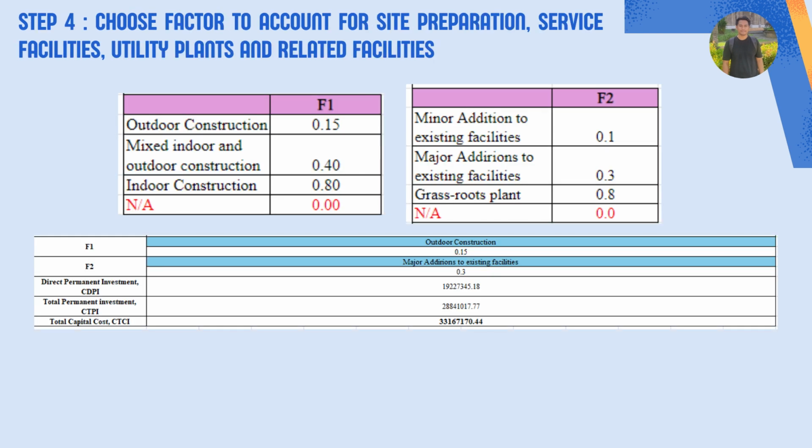Then for the last step, step 4, we need to choose factors to account for site preparation, service facilities, utility plants, and related facilities. For F1, in the blue box here, we can choose whether it's outdoor construction, mixed indoor and outdoor construction, indoor construction, or NA. For F2, we can choose whether it's minor additions to existing facilities, major additions to existing facilities, grassroots plant, or NA.